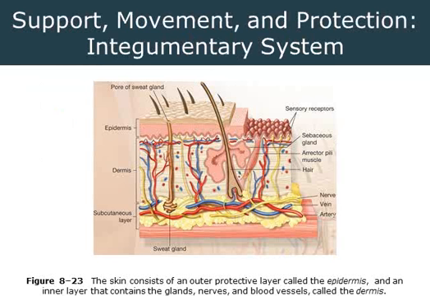Integumentary system. The integumentary system is the skin, and it has three significant layers to it. Really, two is what is classically the skin, and one commonly gets thrown in. The epidermis is the upper outer protective layer. The dermis is the living business end of the skin.